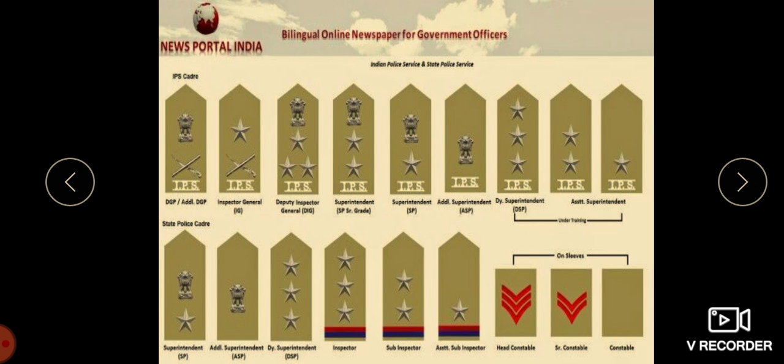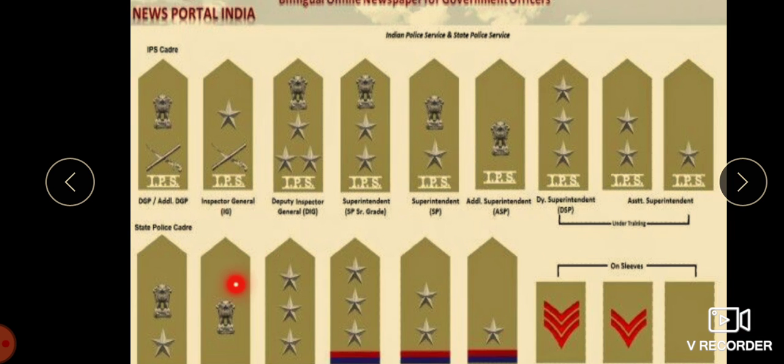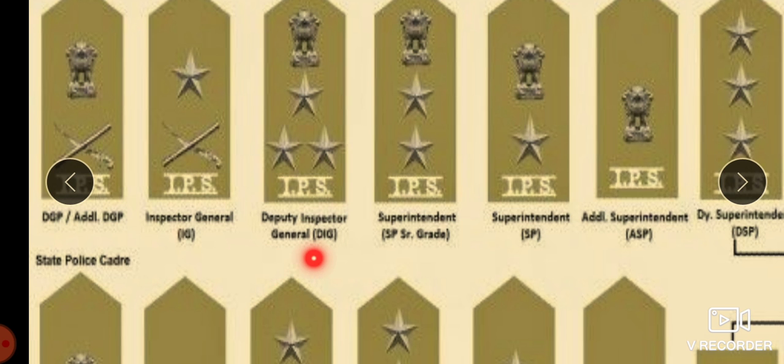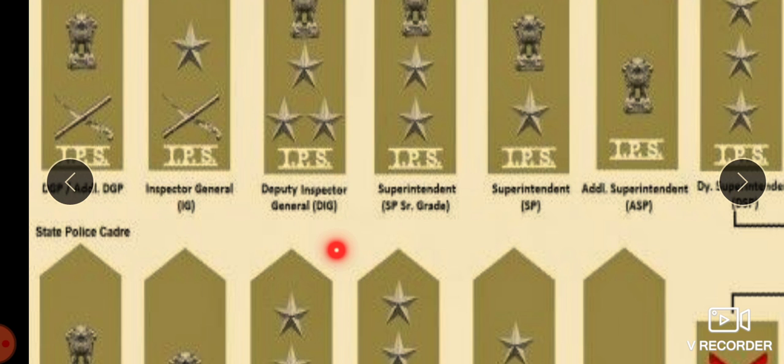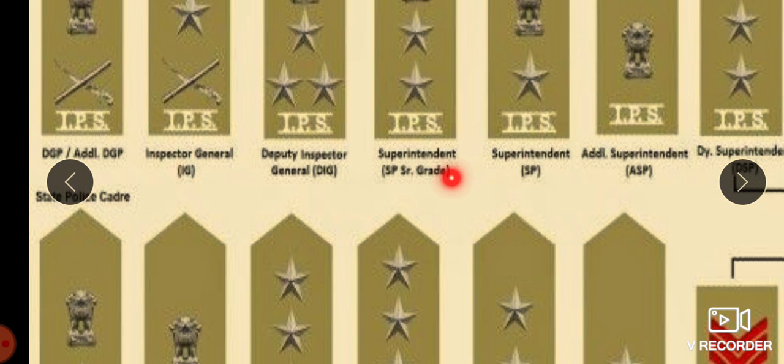Now we will move on to the structure. You can see the structure of the police. We will read about it. See, we are having the IPS, the Inspector General, Deputy Inspector General, Superintendent of Police, Additional Superintendent, Deputy Superintendent.